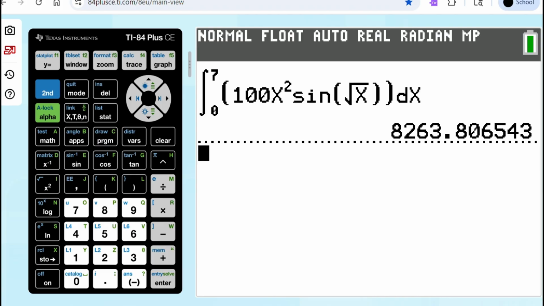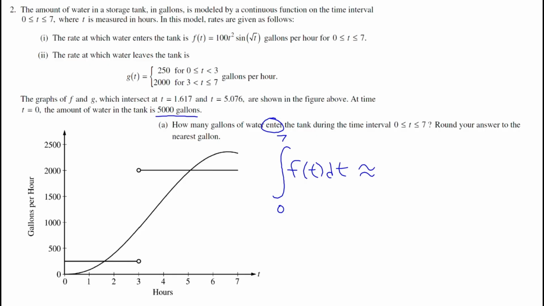And it tells us 8,263.8. So if we round that to the nearest gallon, which is what it asked us to do this time, it should be 8,264 gallons. And of course, we get 2 points here, 1 for the integral setup and 1 for the final answer.